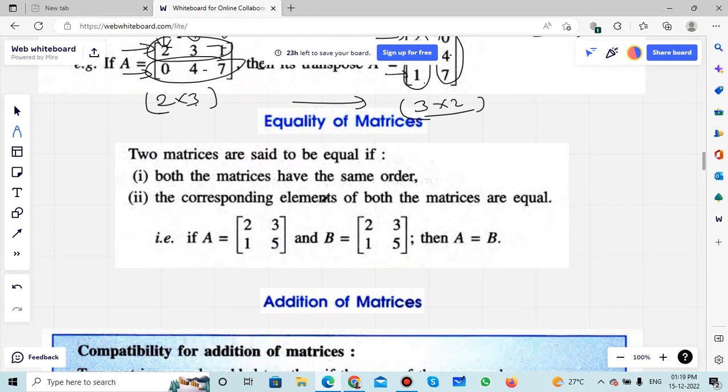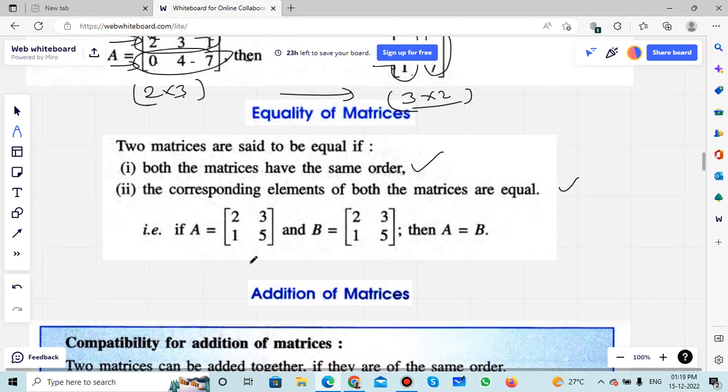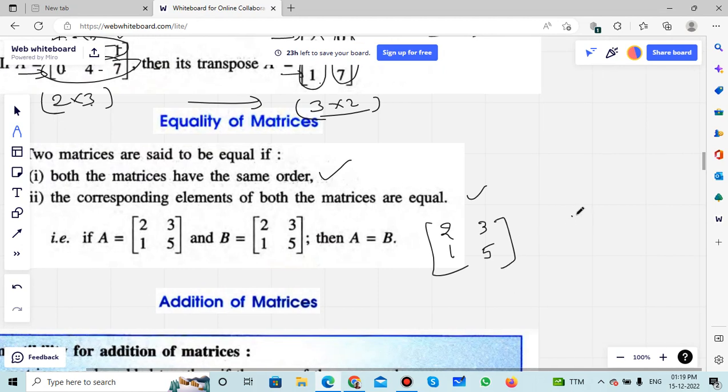Two matrices are said to be equal if, number 1, both the matrices have the same order, and both the corresponding elements are equal. See, for example, this is 2 1 3 5, and we have here 2 1 3 5 3 2.